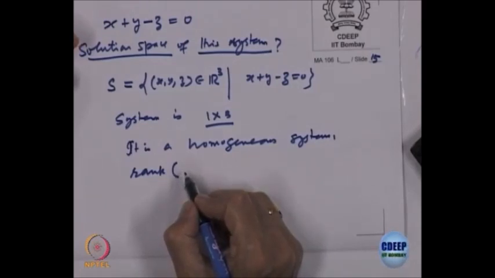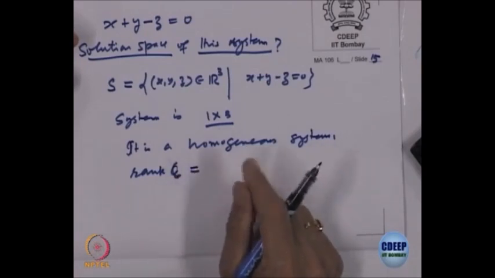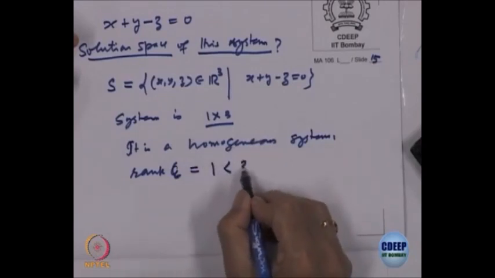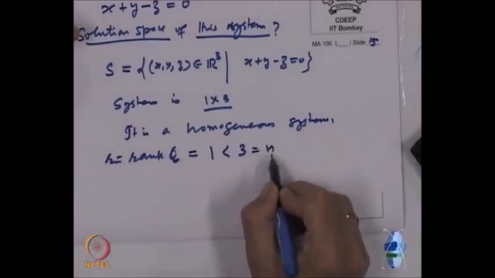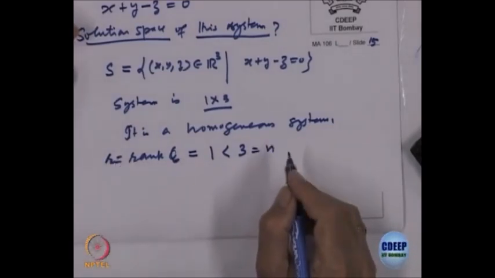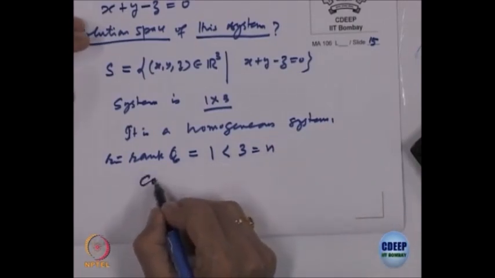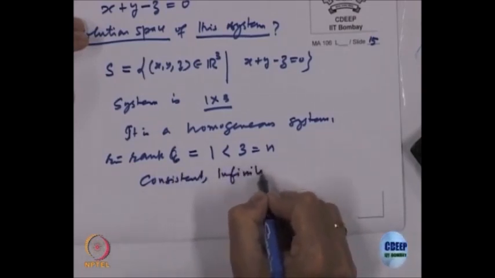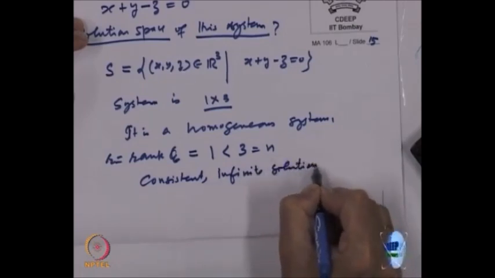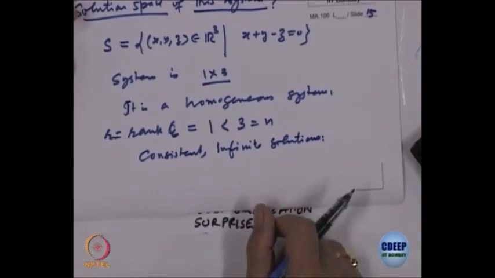How many pivots are there? 1, which is less than 3, the number of variables n. So the rank r is less than n. So how many solutions are possible? Yes, consistent, infinite solutions, right, and we gave a method of saying how you find the infinite solutions.